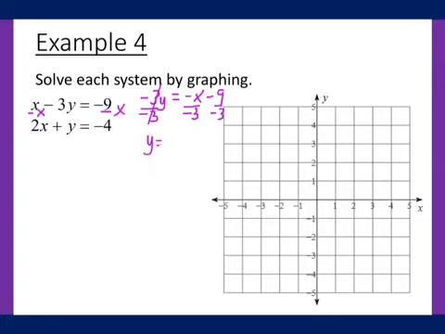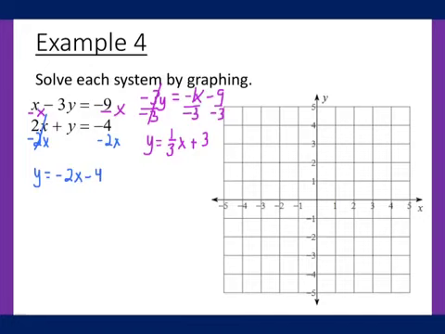We get y equals, this is like a negative 1x, so that's a positive 1/3 x plus 3. Then on this next one, minus 2x from both sides. We get y equals negative 2x minus 4. So these are the two lines we're graphing.